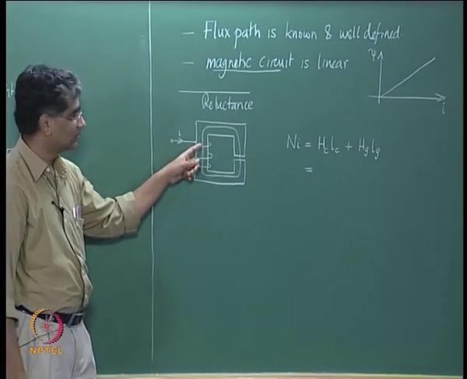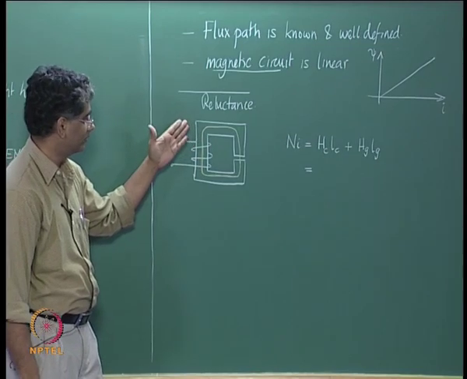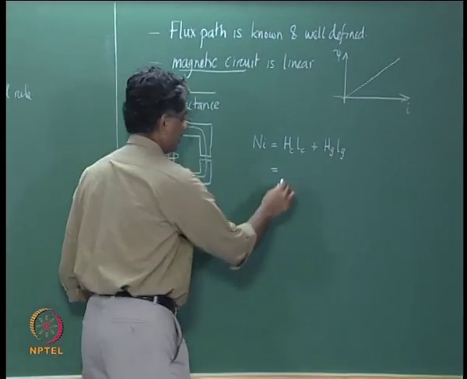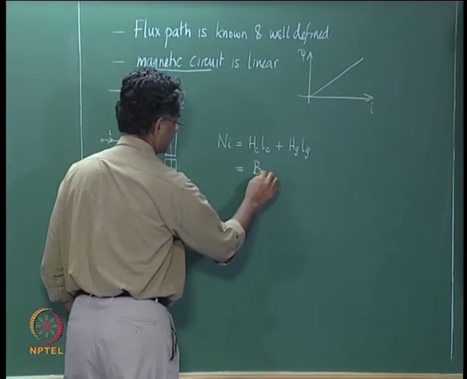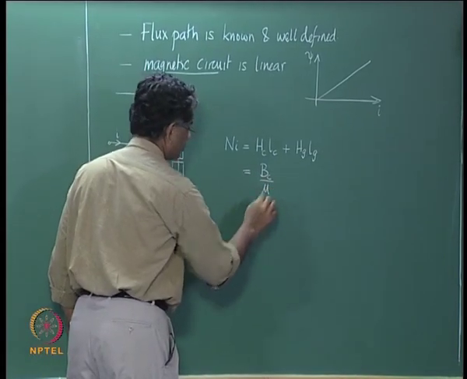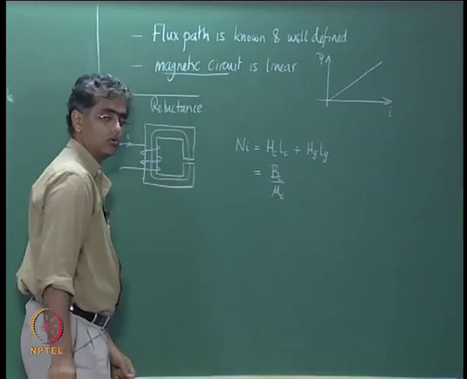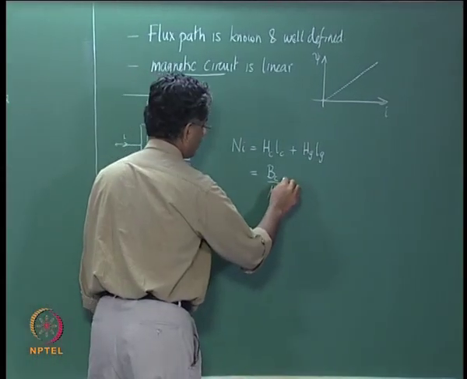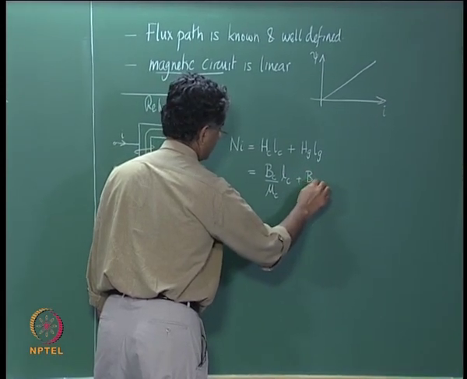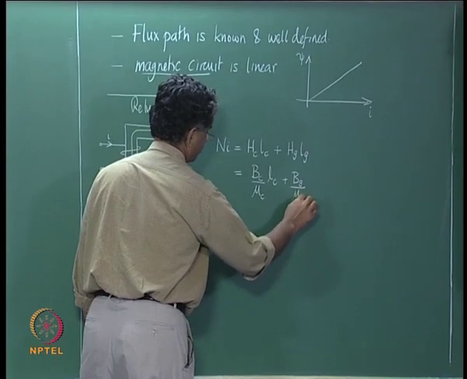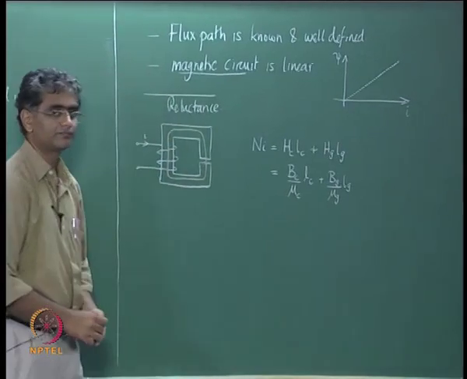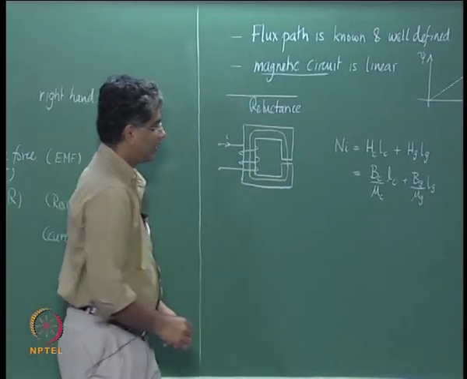H that is there in any given region, whether it is iron or whether it is in the air, can always be written as flux density in that region divided by mu in that region: B in the core divided by mu core into Lc, plus B in the air gap divided by mu in the air gap multiplied by Lg.